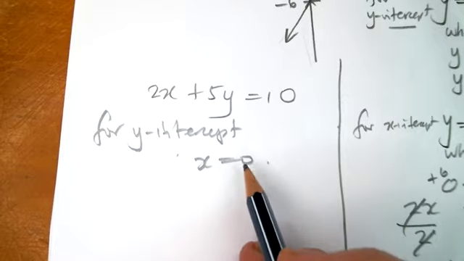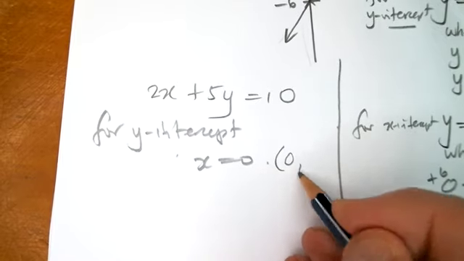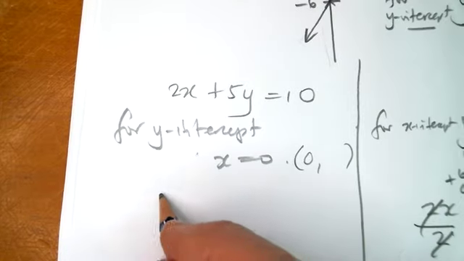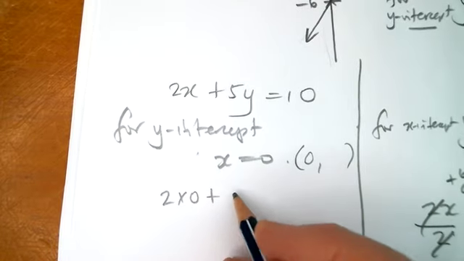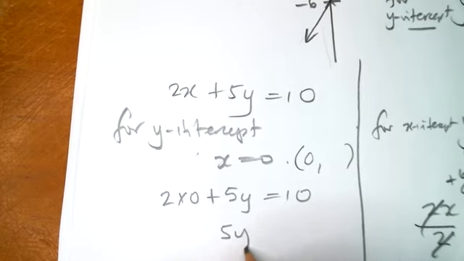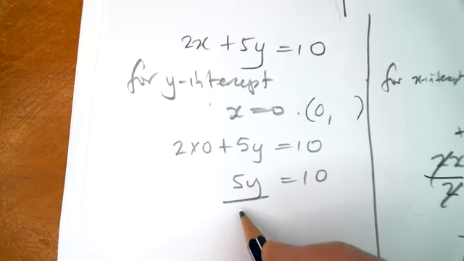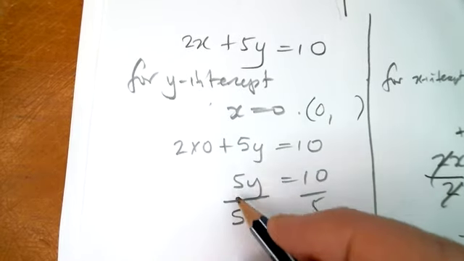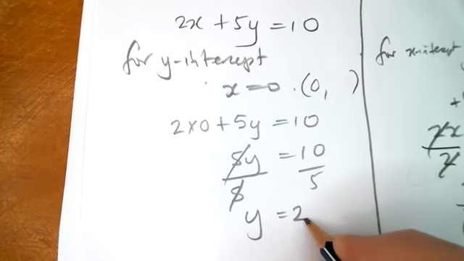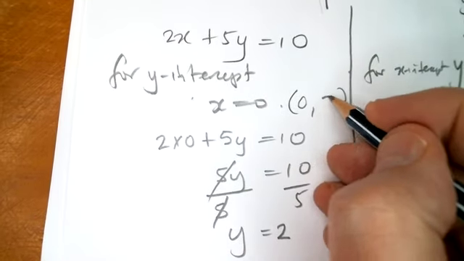We've got x is 0, so it's going to be 0, comma, something. We don't know what that something is. Let's substitute that in. We're going to have 2 times 0 plus 5 times y is 10. So we've got 5y is 10. I'm going to divide both sides by 5. And of course, y is equal to 10 on 5, which is 2. So it's going to be 0, 2.